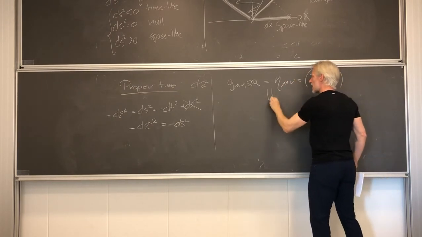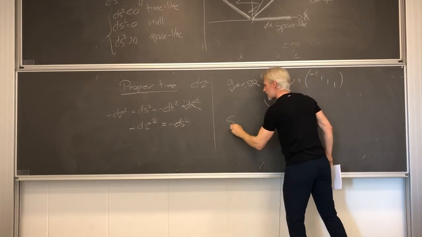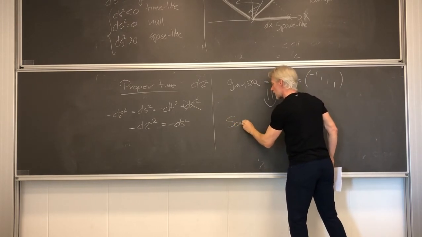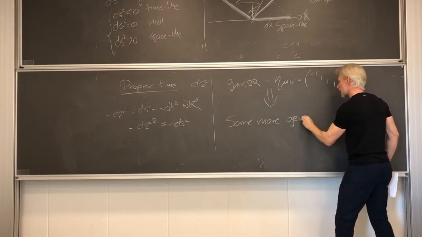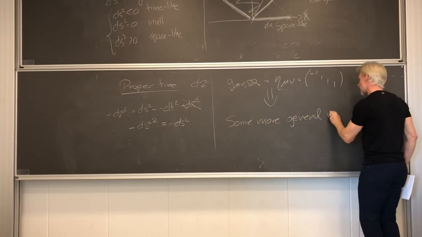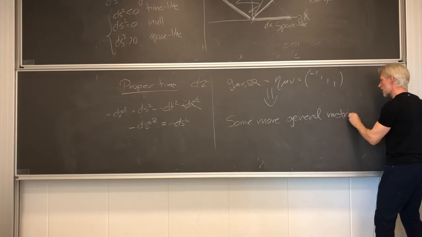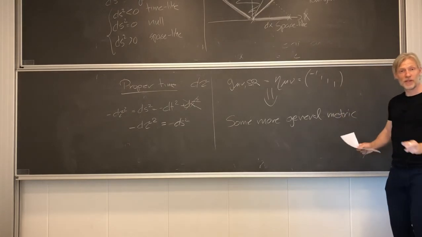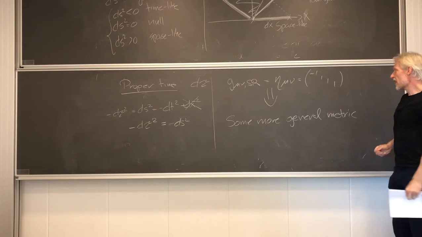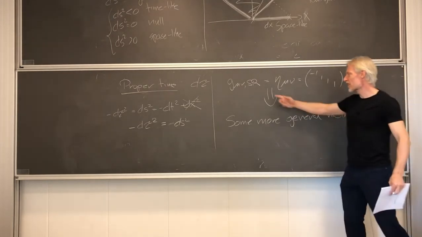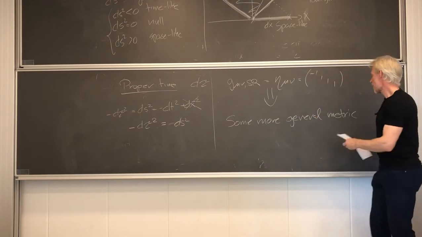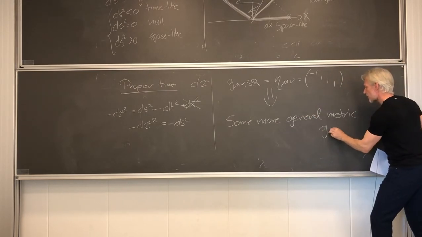I need to take that and generalize it. And that's all there is to it, basically. So if I have some crazy curved space-time, that should all be encoded in whatever metric tensor I get out.